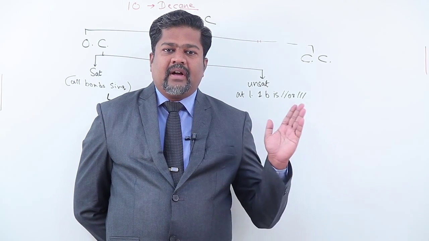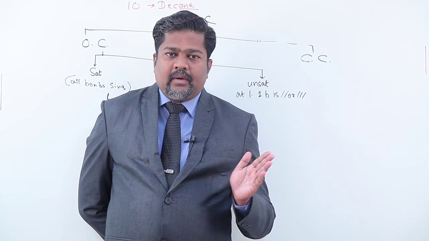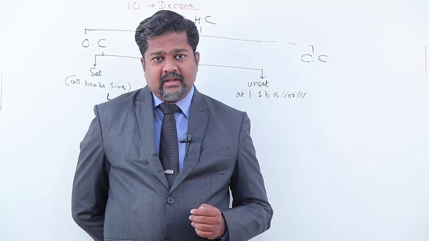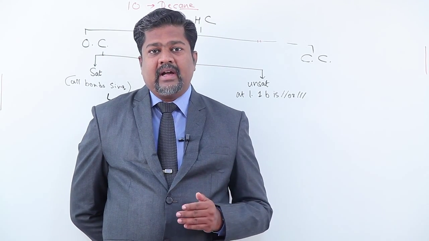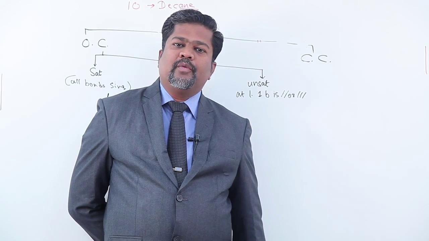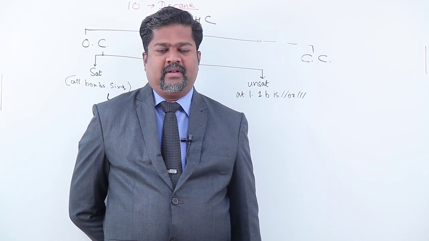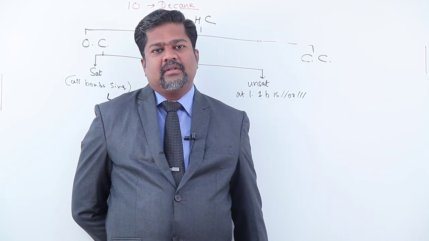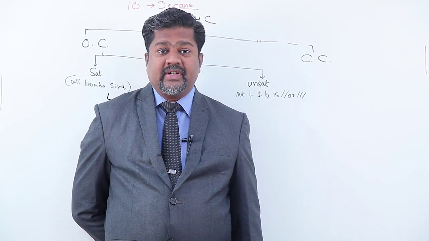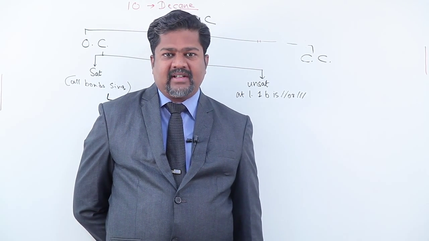Like that, as carbon number increases, melting point and boiling point increase, and that's why compounds appear in liquid state. For carbon number 20, the compound appears in solid state. You are aware of candle wax.